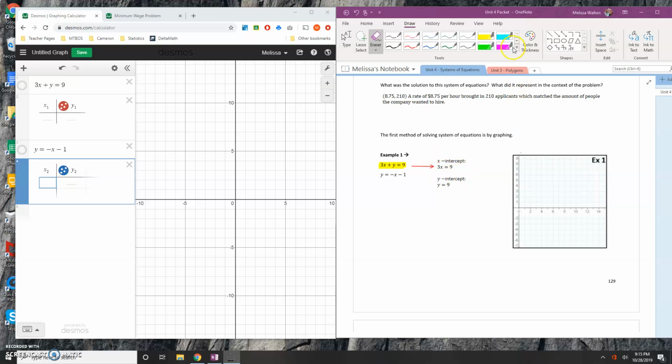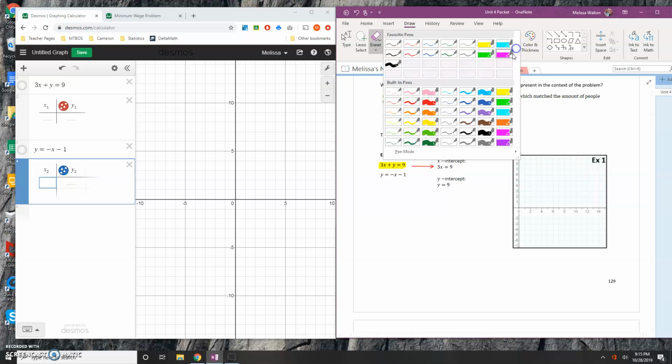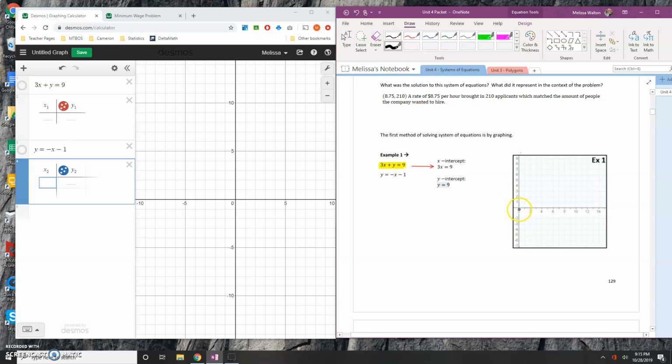And if I solve that, I end up with an x-intercept of 3. So let's plot that down here. Now my y-intercept, well, that was an easy one. If I plug in 0 for x, 3 times 0 is 0. 0 plus y equals 9. Sure enough, y has to be 9. So there we go. And if I connected those points, I would have a beautiful line.